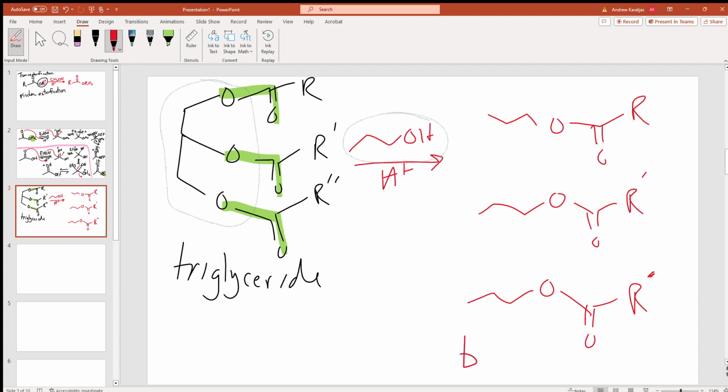Well, these molecules over here are known as biodiesel. And biodiesel, you may be familiar with, is an alternative fuel source. And we can make it very easily.